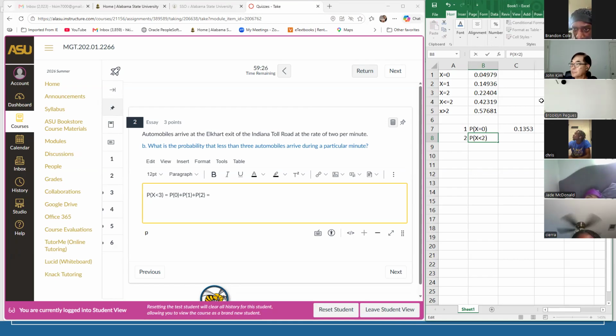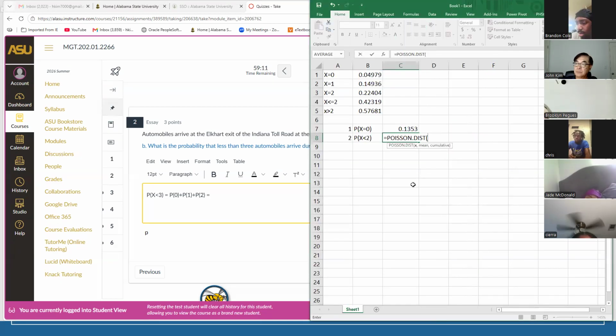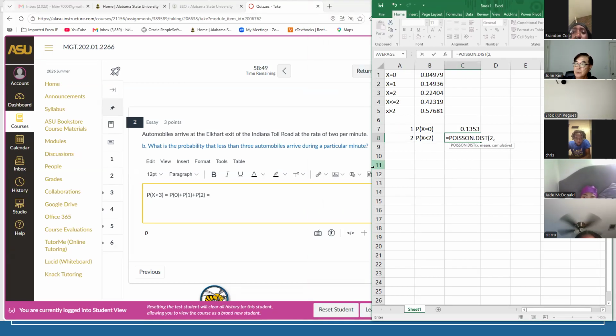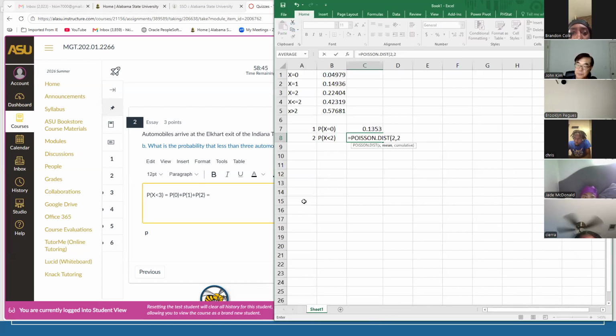function, then equals Poisson distribution up to 2, not 3, up to 2, and mu is 2, so type in 2 there, and it is cumulative, so you type true or just type 1. Good.